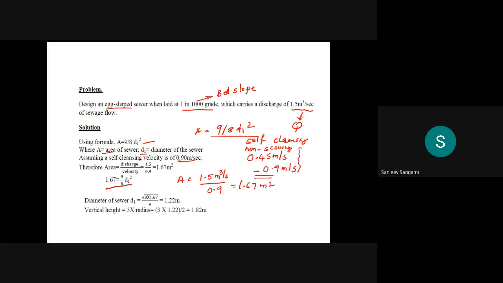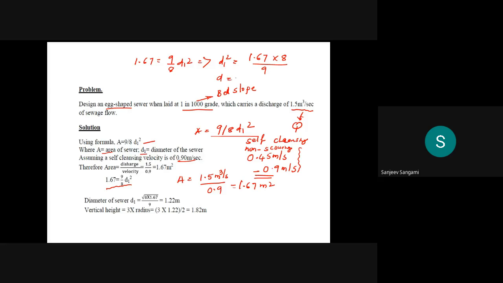Substitute in this. If you substitute that, what we will get is 1.67 equals 9 by 8 d1 square, that implies d1 square is equal to 1.67 multiplied by 8 divided by 9.